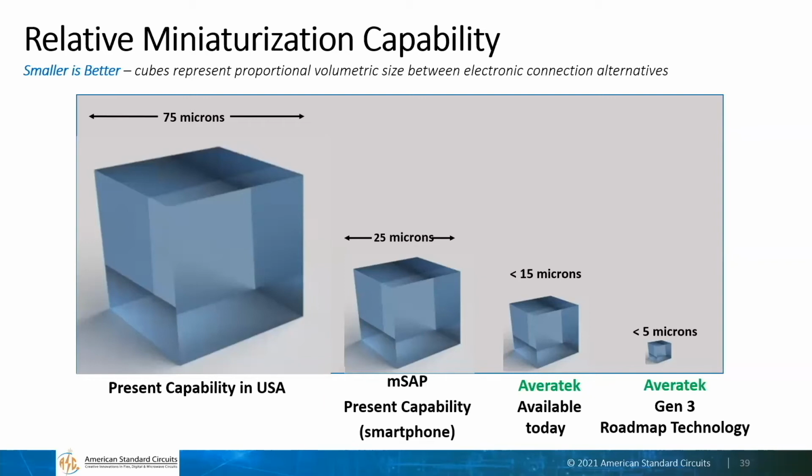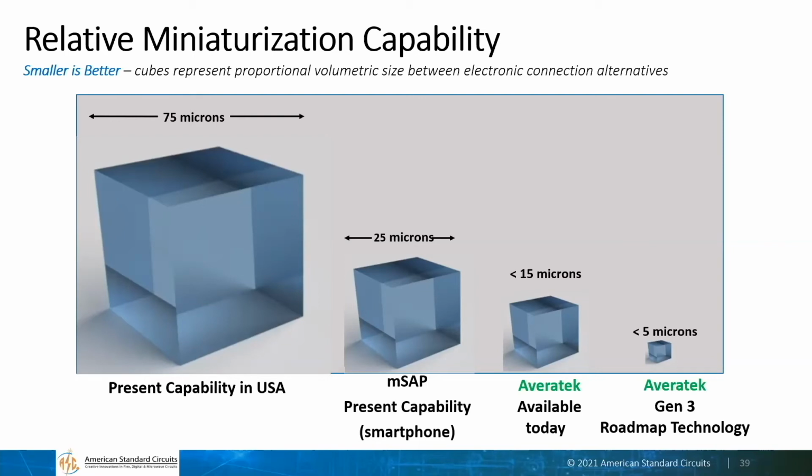But the present capability for most people that are using standard subtractive etch processing is about 75 microns. And that's, of course, 75 microns in the X, 75 microns in the Y. And then also the thickness of the dielectrics and the metals are affected by the minimum spacing, because if you want to make controlled impedance lines, you have to have a certain thickness dielectric if your lines are a certain width.